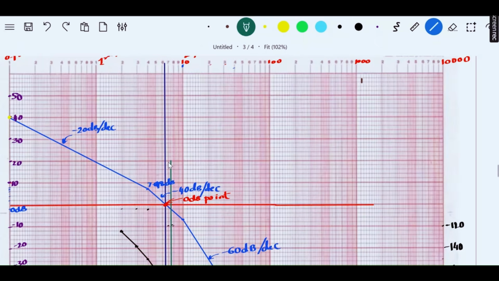So draw a straight line which should exactly cross the frequency plot. And this line, that is the frequency.